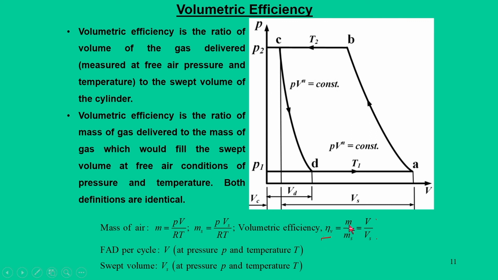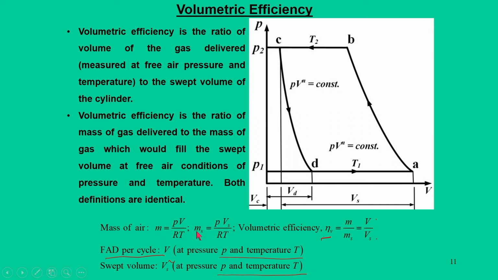If you talk about this mass, we can calculate it as PV by RT, and ms, the swept mass, is equal to P into Vs by R into T. And here there are two things: V is nothing but the free air delivery, measured at pressure P and T, and Vs is the swept volume, measured at pressure P and T.